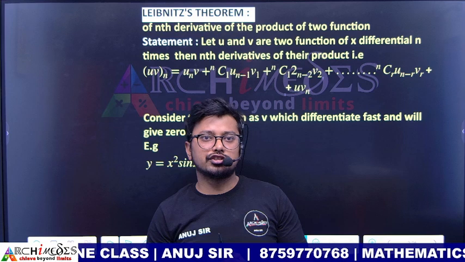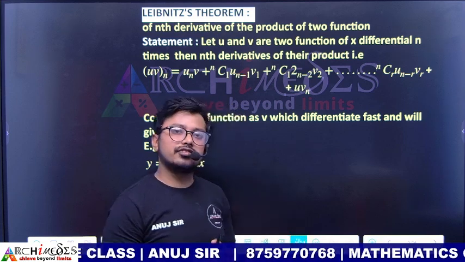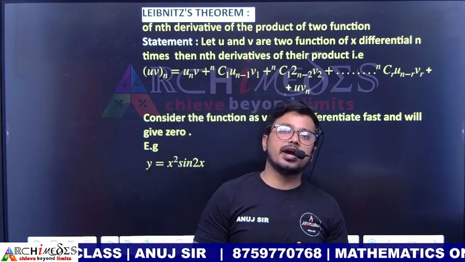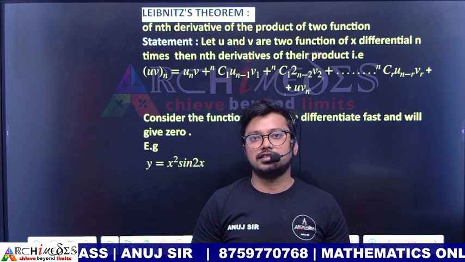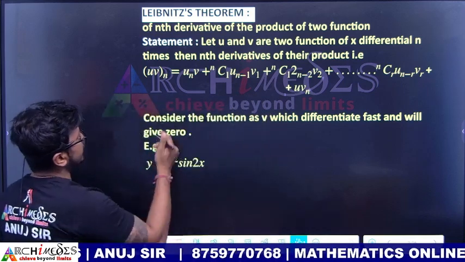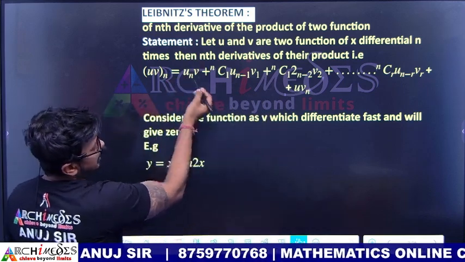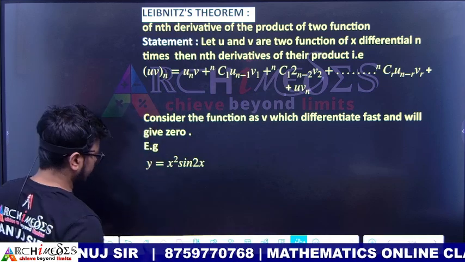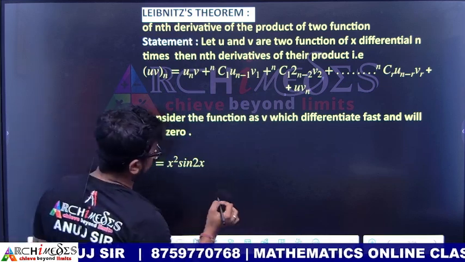Am I clear? There is a rule, like you have done in integration by parts, the ILATE rule. Similarly here also you have to choose. Remember, we have two functions, u and v. So again I am writing the formula.